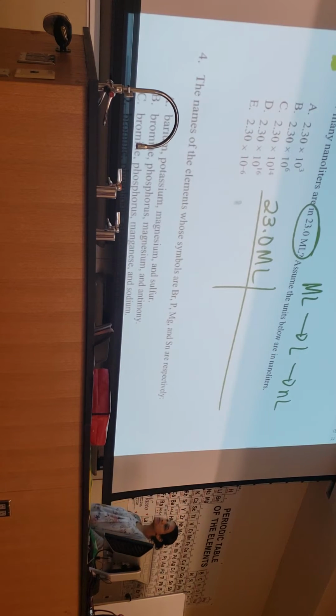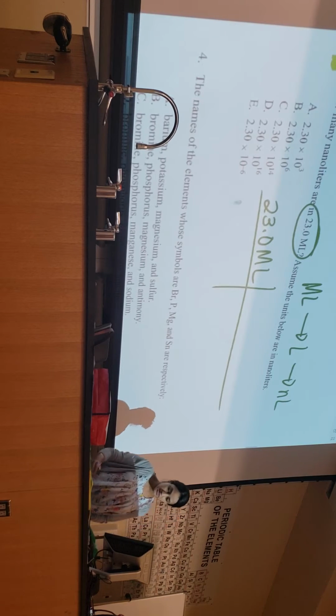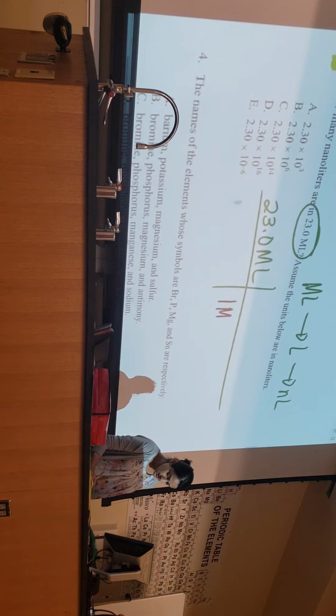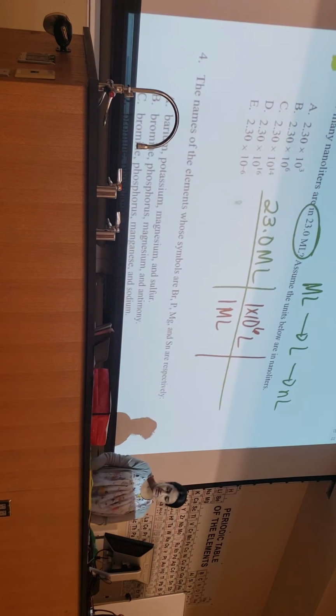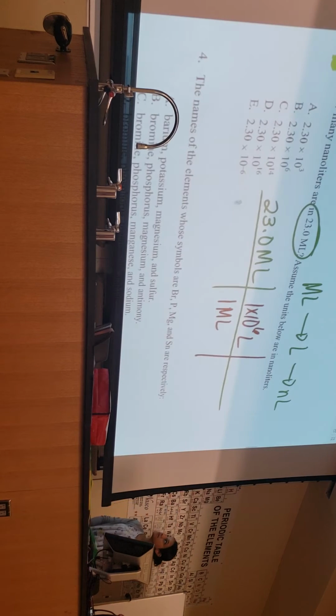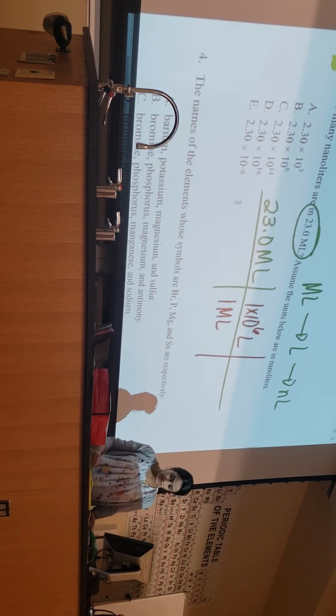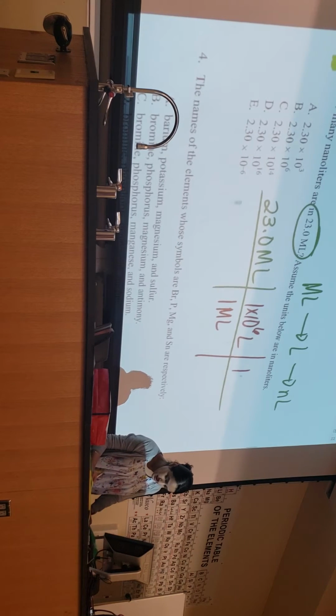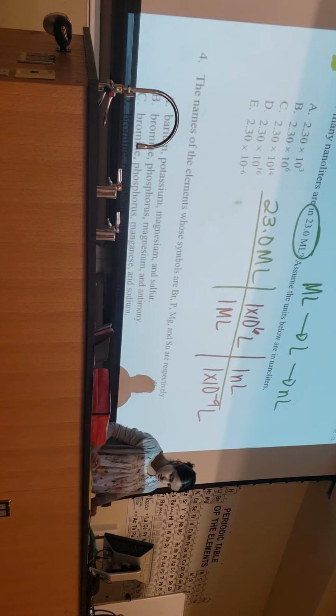What's the multiplier for mega? 10 to the 6. So 1 megaliter equals 1 times 10 to the 6th liters. I'm going to take it to liters first. Then what's the multiplier for nano? 10 to the negative 9. So 1 nanoliter is 1 times 10 to the negative 9 liters.